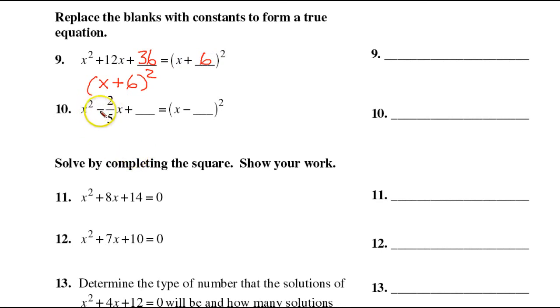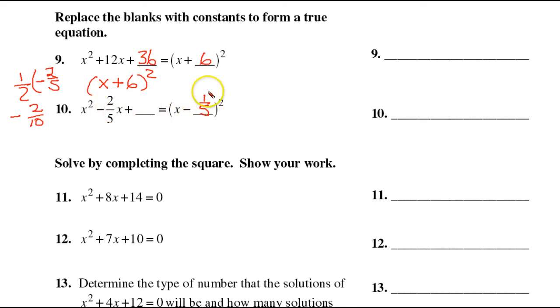This one gets a little more tedious because we have to take 1/2 of our b term here, which is a negative 2/5. So that's going to give you a negative 2/10, which is 1/5. So this is 1/5 there, negative.